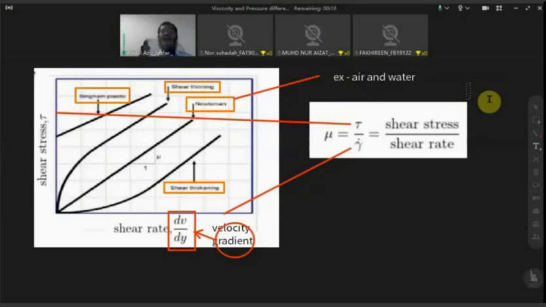The line is straight, and the gradient that we have between shear stress and shear rate gives us the dynamic viscosity of the fluid. So what we can say is that for this plot, the gradient tells us the value of dynamic viscosity.